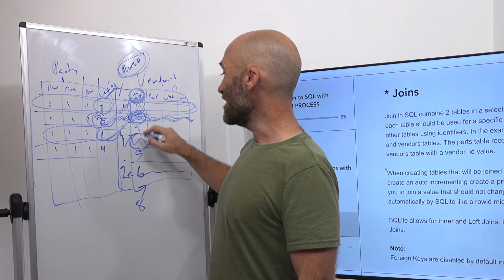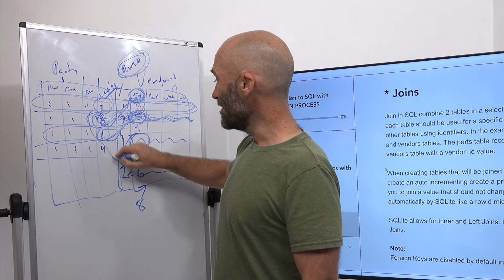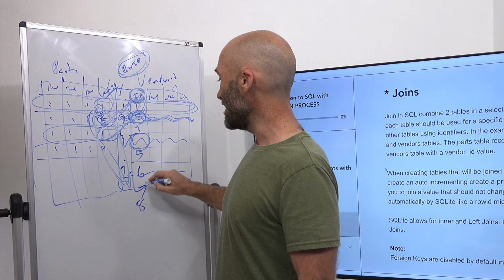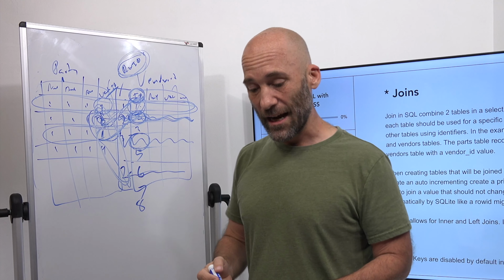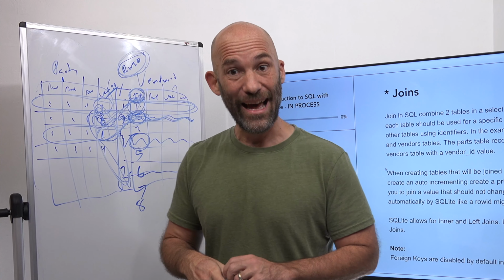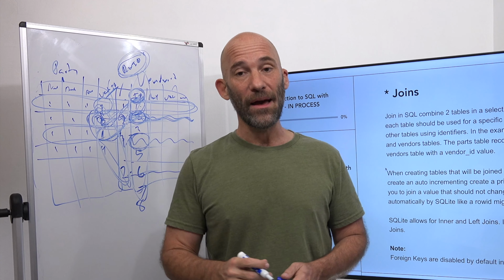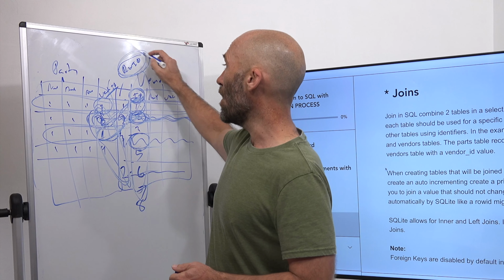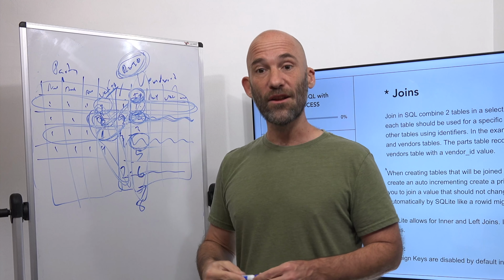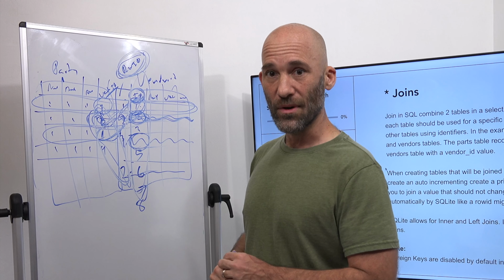This gets deleted, and then all of a sudden it's connecting down here, and you're getting entirely different vendor information, which can be an absolute disaster. So this is why it's important to have that primary key, and why row IDs can be dangerous with joins. And again, just a reminder of basically how these joins work.